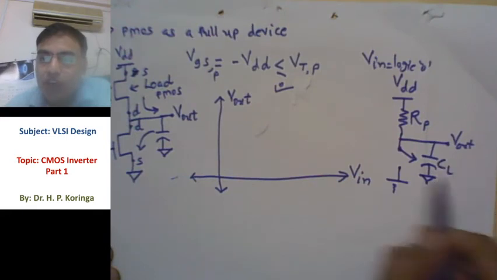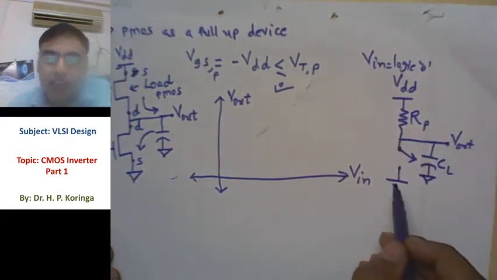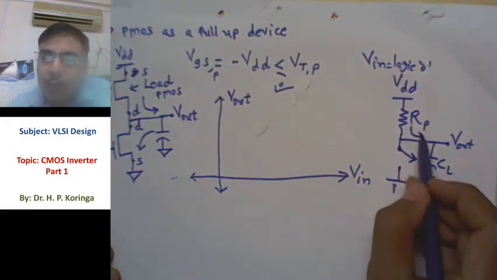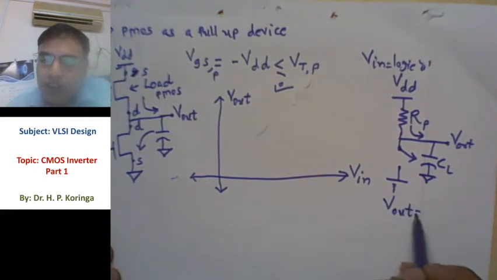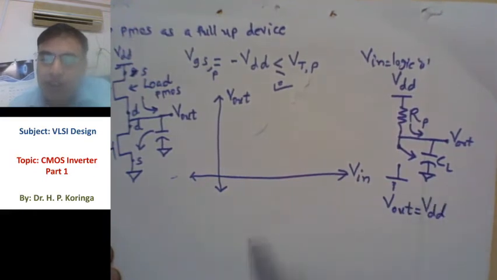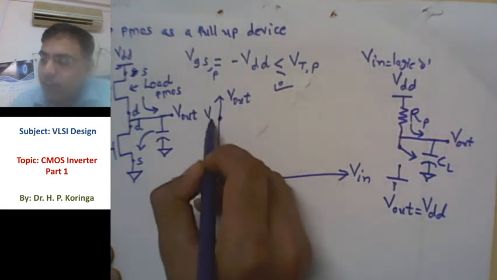So how much voltage can it charge to at maximum? It can charge up to VDD. The output voltage goes up to VDD. So the maximum output voltage we get is VDD.